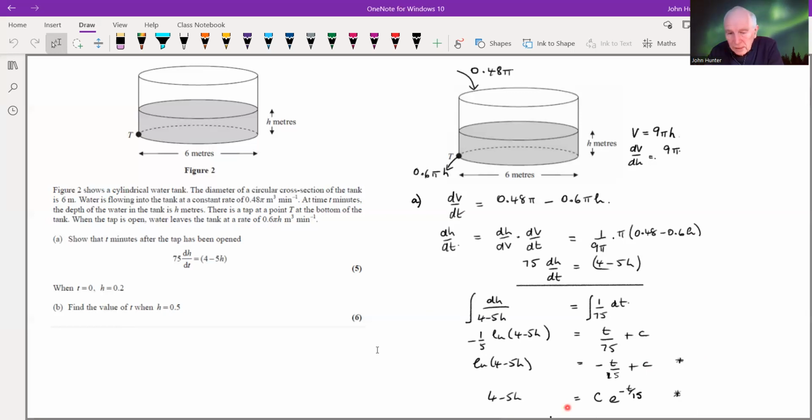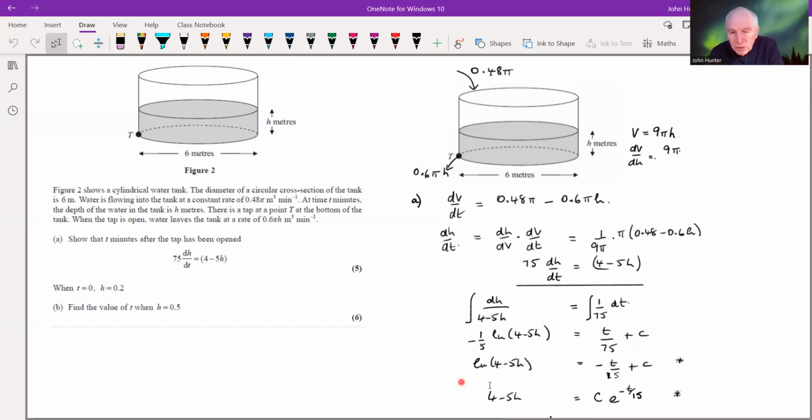And then finally, if we exponentiate both sides, we get this on the left-hand side. The right-hand side is e to the power of minus t over 15 times e to the power of c. e to the power of c is just a constant, which multiplies this term here. So we're going to bring that out the front as a single constant, although in this case we tend to use capital letters, so I've written a large C. So we've appropriated, if that's the right word, the constant at these stages.